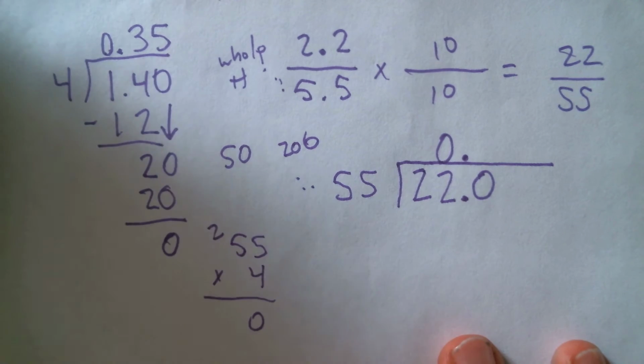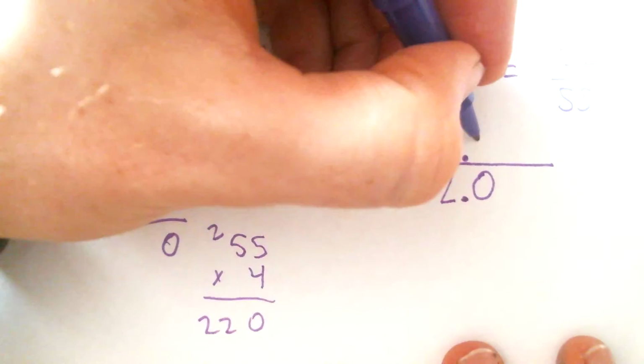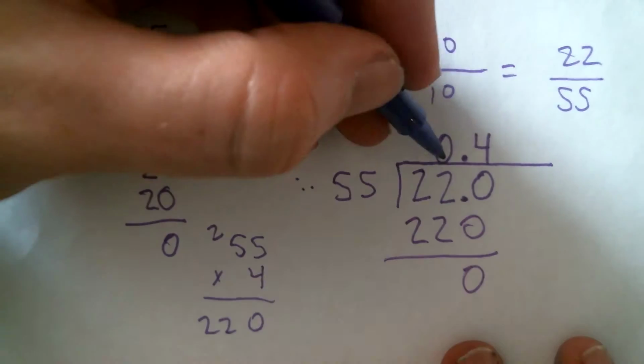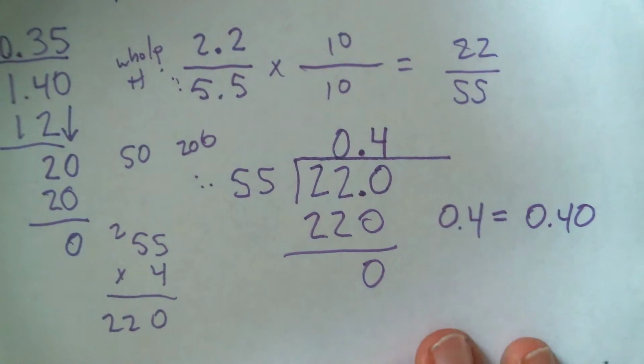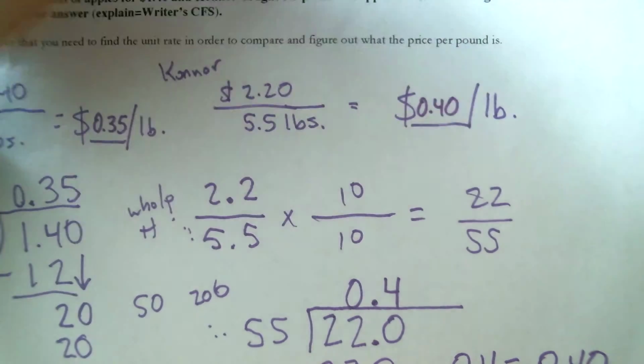Add 2, 22. Hey, look at that. Fits perfectly. So 55 times 4 is 220. Subtract that, we've got nothing. So 0.4, that's our answer, but that's not money. So we need to think of it as 0.40. Okay, so it looks like it's 40 cents per pound.